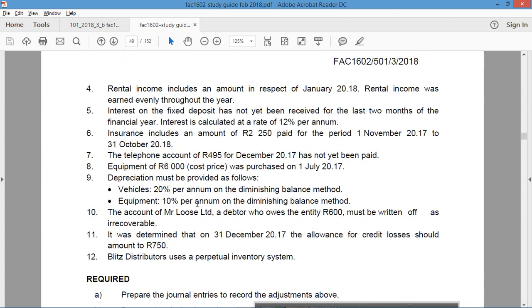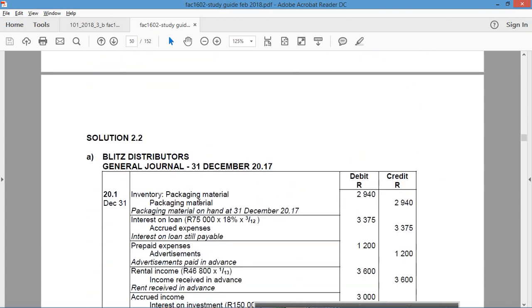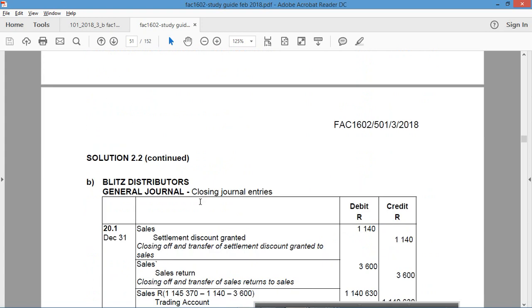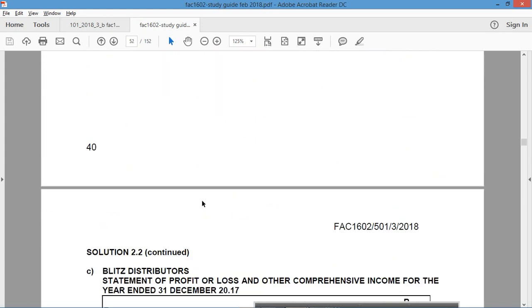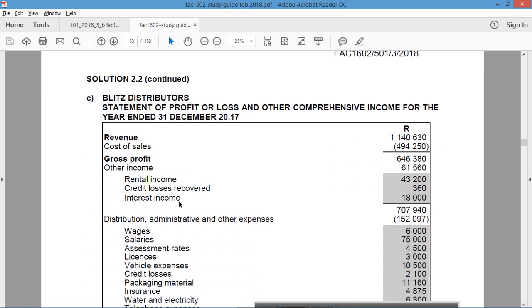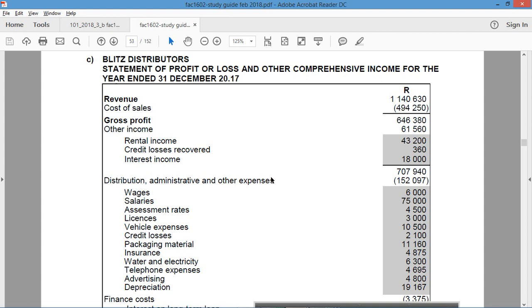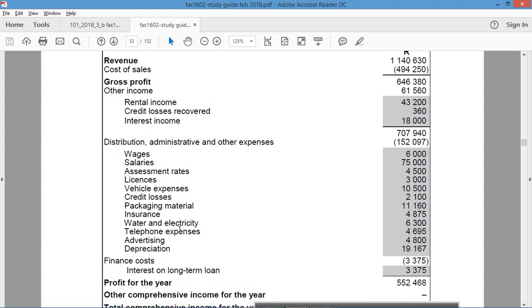Let's see if they've done that here. Revenue 144. No, they haven't. So they must have shown that separately. Do you see a discount here?